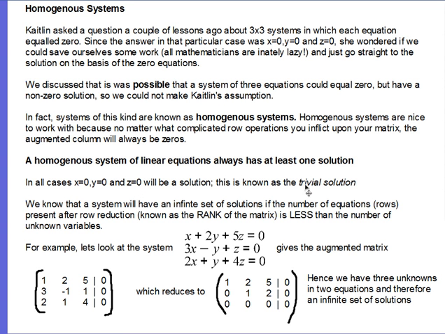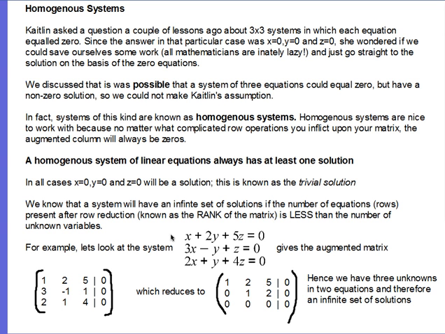And you can sort of see why, can't you? It actually doesn't increase our understanding all that much, this particular solution. But what we're really interested to know when we look at systems like this is whether there are non-trivial solutions.